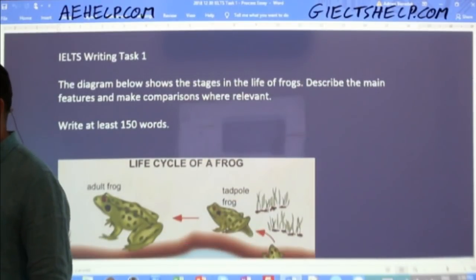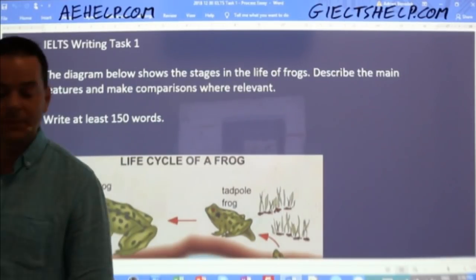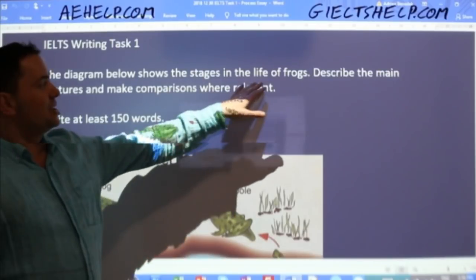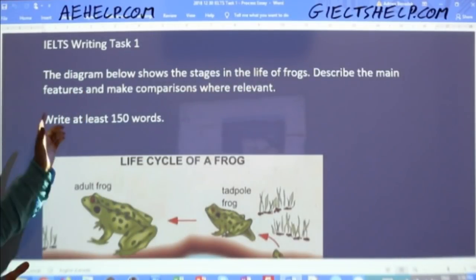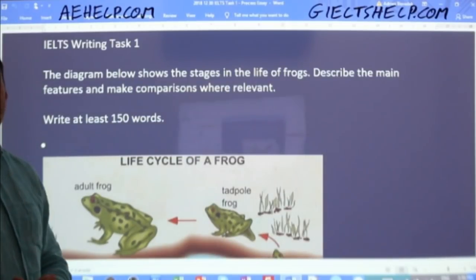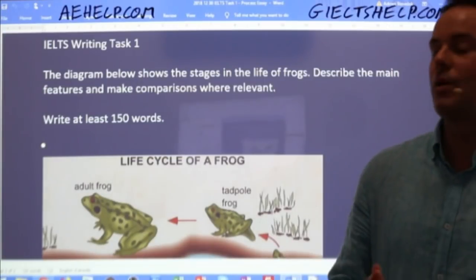Okay, so here is our writing task 1 question. The diagram below shows the stages in the life of frogs. Describe the main features and make comparisons where relevant. It was our member Begzod who requested this question.